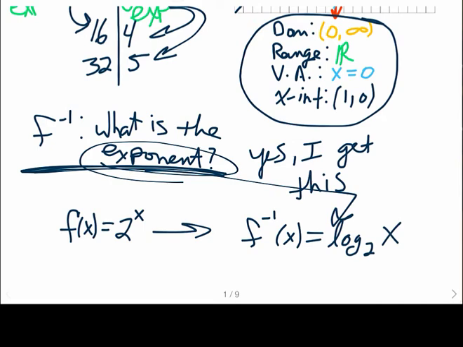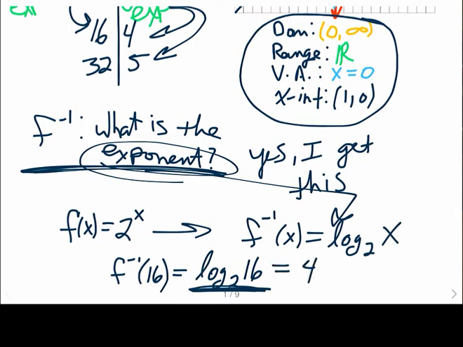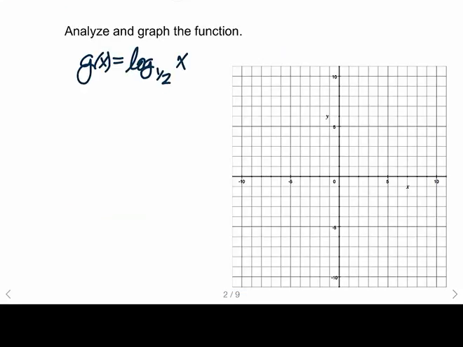And so, when we look at, say, f inverse of 16, we're looking at log base 2 of 16, and it's nothing more and nothing less than asking, what's the exponent on the base 2 that gives us 16? Answer being 4.